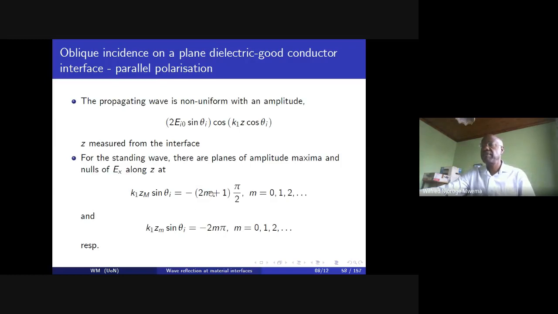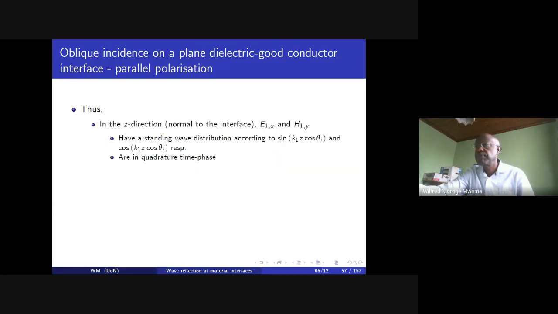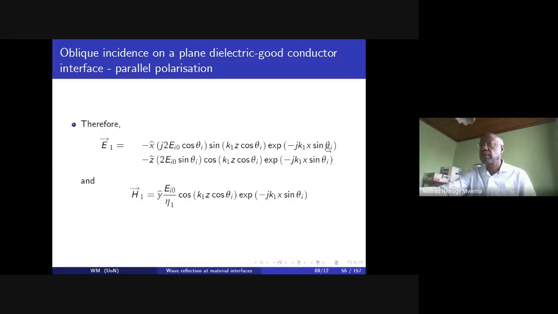That is where the values of the cosine of K1Z cos theta I equal to 90 degrees will give us the value, so to speak. Yeah, we have a sine. So we want this value to go to 0 for that particular case, or to go to a maximum, this must be 90 degrees rather.